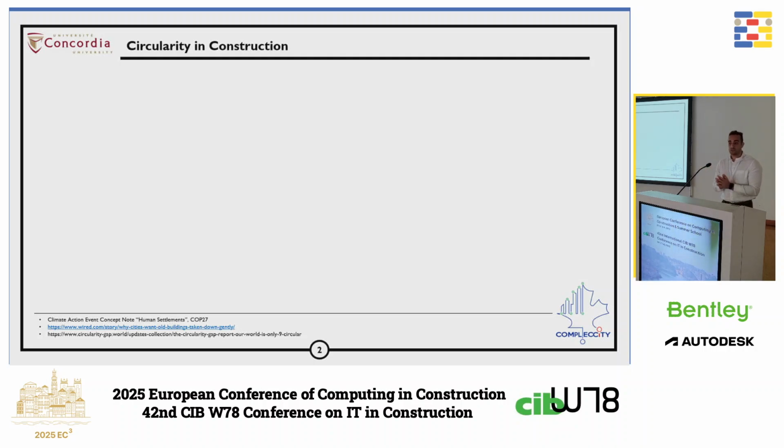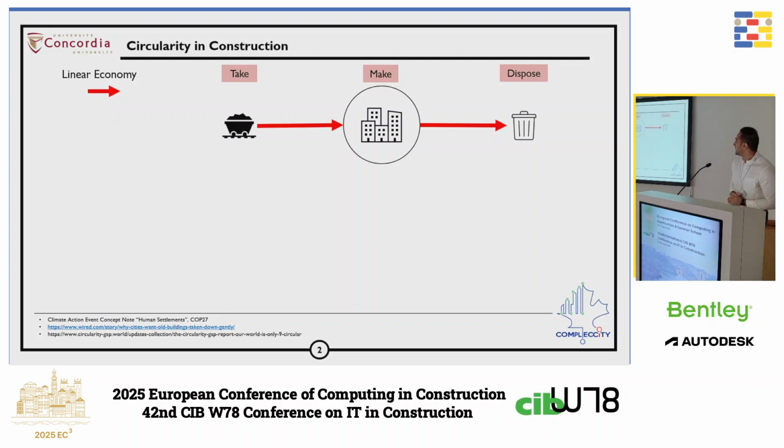I have to introduce the concept that I'm going to talk about, because the last time I checked the definition of circular economy, there is a paper, I think published in 2023, with 221 definitions of circular economy. So let's start with the easy part, which is linear economy.